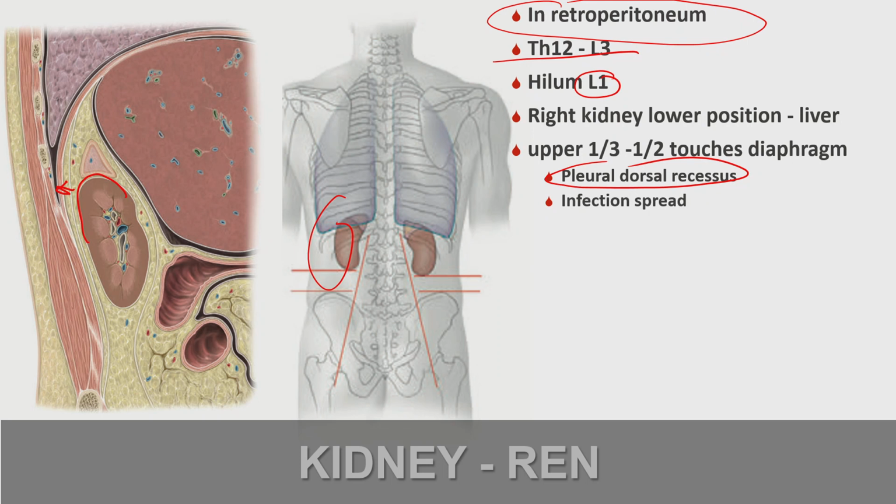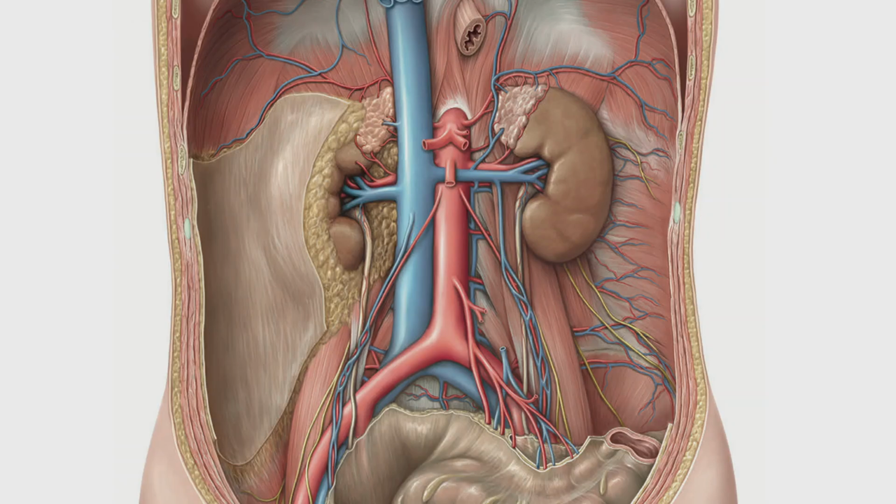So in those patients we can see free fluid or also inflammation in the pelvic cavity on the left or right side. So this is the position of a kidney.